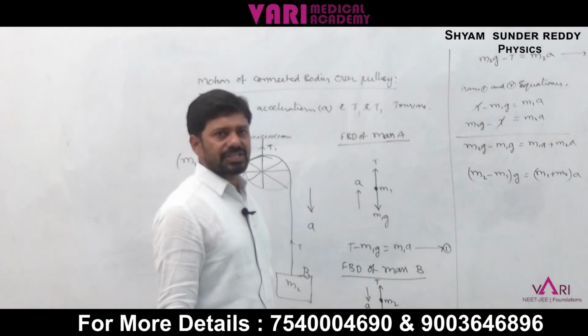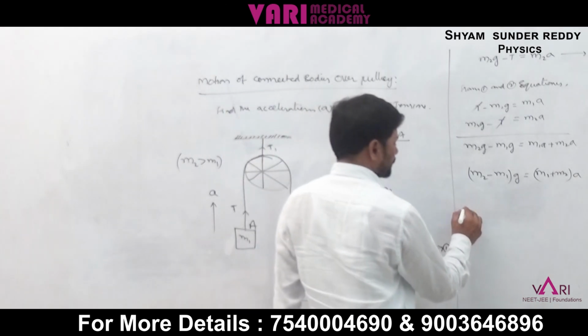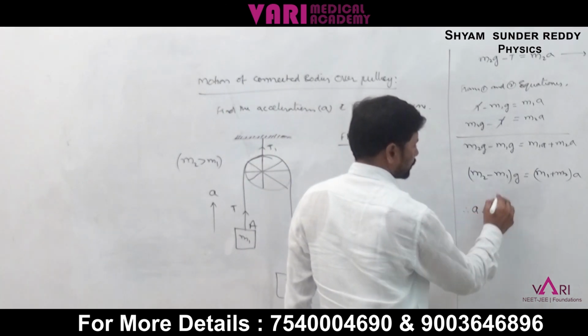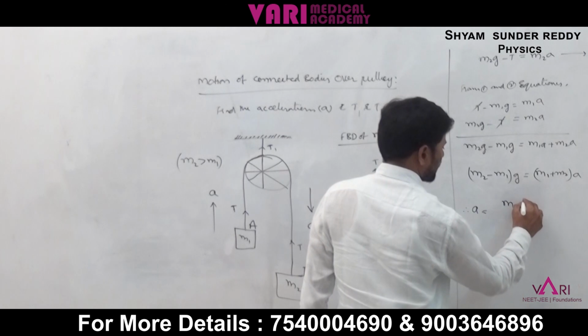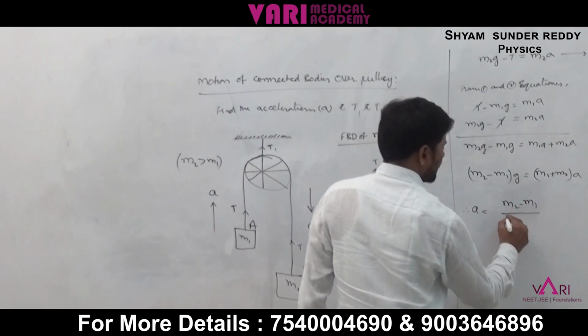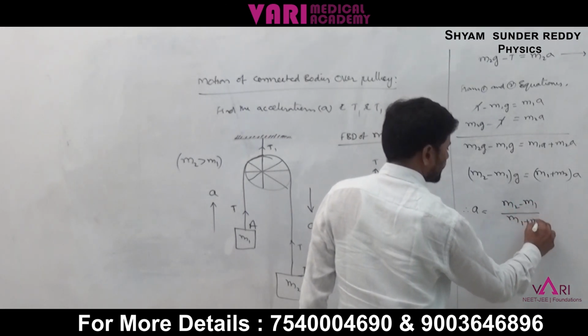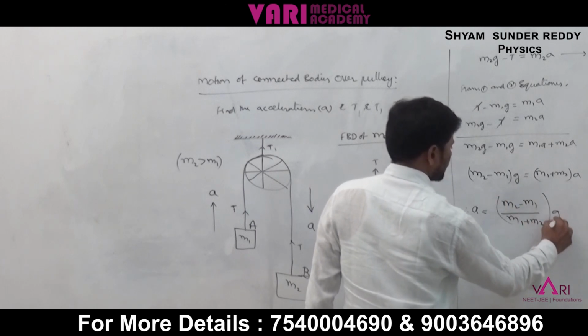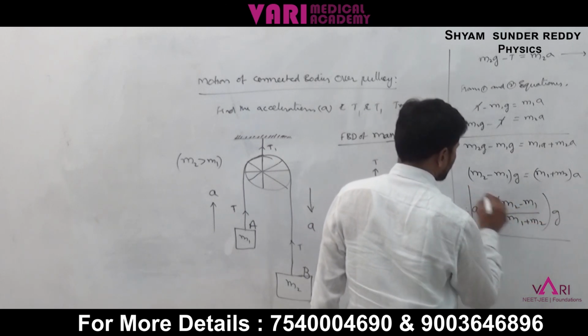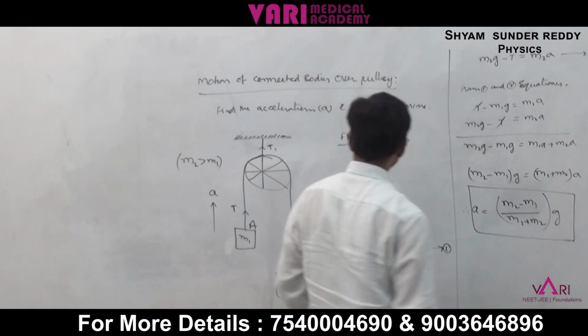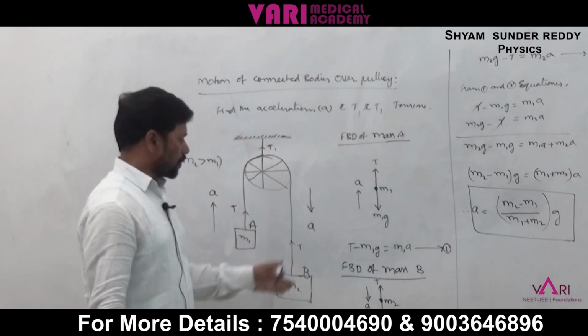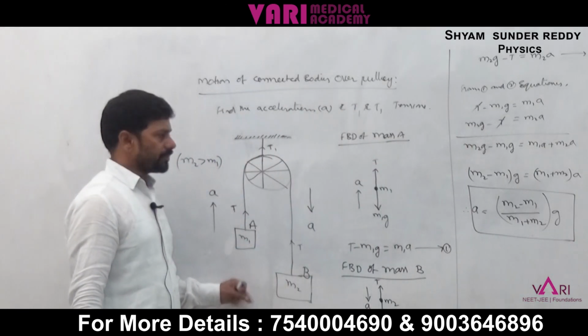Therefore, the acceleration a is equal to (M2 minus M1) divided by (M1 plus M2), times g. This is the acceleration of the system over the pulley.